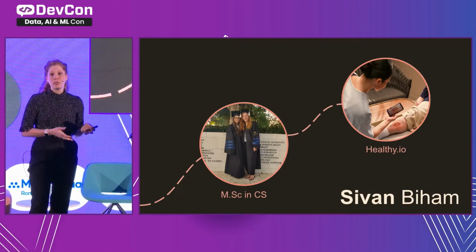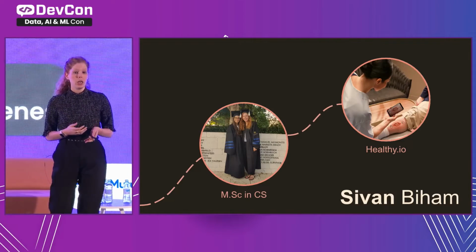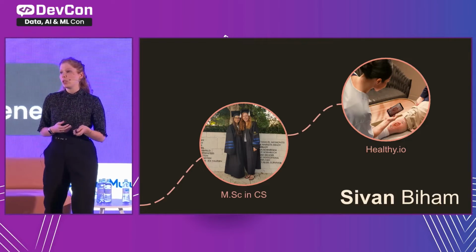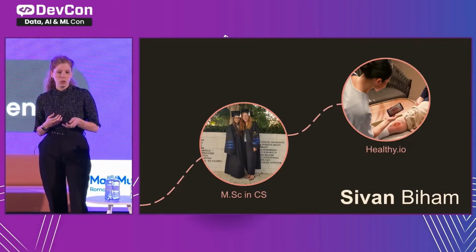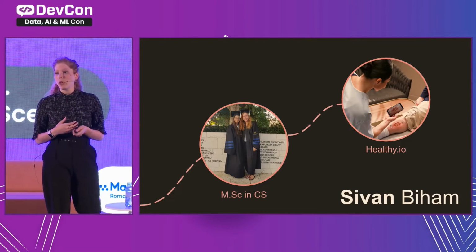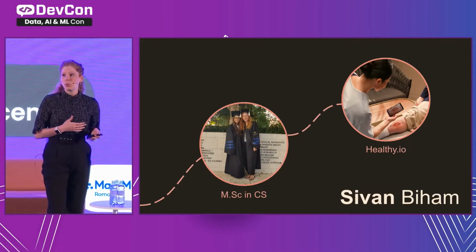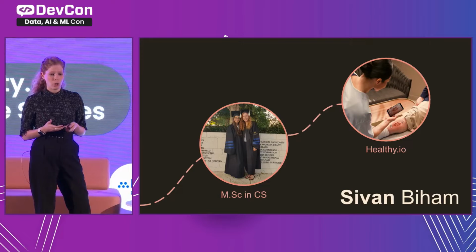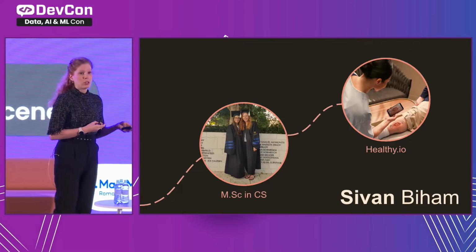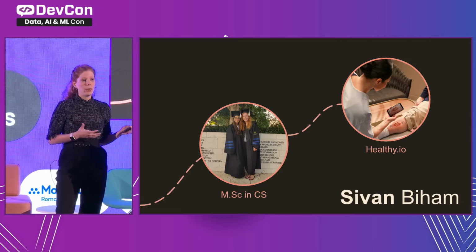I hold a master's degree in computer science with specialization in computer vision and deep learning, and currently I work at an Israeli startup called Healthy.io. At Healthy.io, our goal is to transform the smartphone camera that every one of us has into a medical device, so we'll be able to take medical tests from the comfort of our home. I'm part of the research team in the company, where we work on two main lines of product.